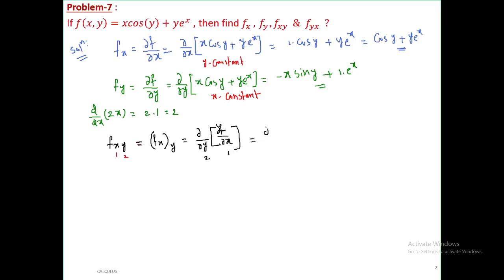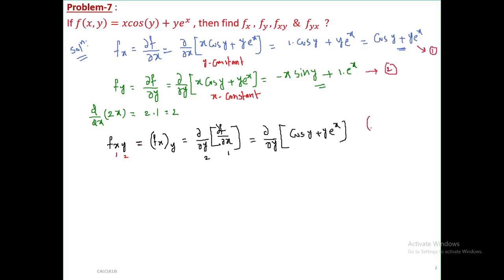Now replace back. So dou by dou y of, already I have done dou f by dou x. Look at the first one, dou f by dou x, its value is cos y. This time replacing, cos y plus y into e power x. You can call this equation number 1 and the other one number 2.